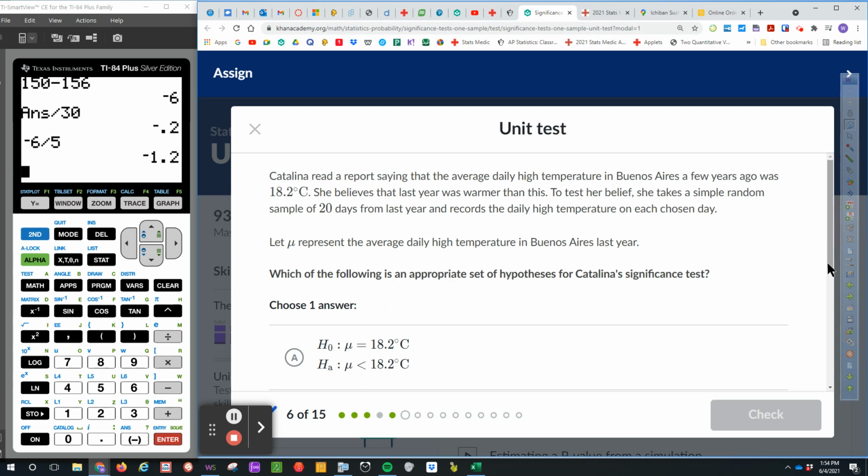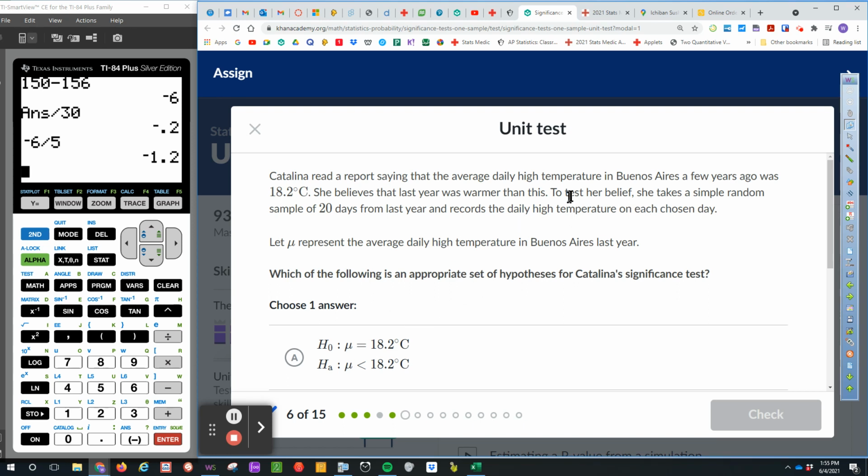To test her belief, she takes a simple random sample of 20 days from last year and records the daily high temperature on each chosen day. So let mu represent the average daily high temperature in Buenos Aires last year. Which of the following is an appropriate set of hypotheses for Catalina's significance test? So this was an average a few years ago, 18.2. So that's equal to 18.2.